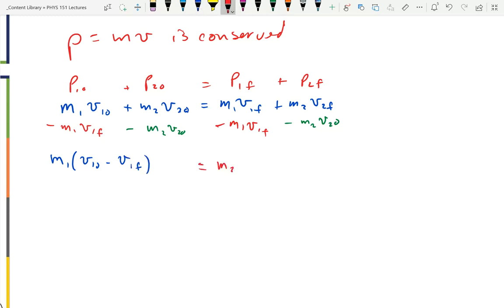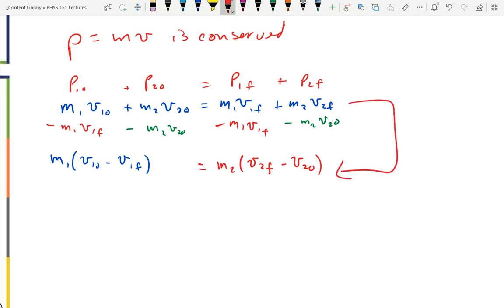equals m2 times v2 final minus v2 initial. Notice one side had initial minus final, one had final minus initial. It's important to notice that distinction or you start thinking we've done some funny things. Should be a negative m2. I have positive m2 and then I have a negative with the v2 initial. So that is another way of writing the conservation of momentum equation.